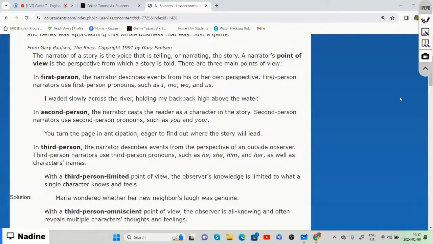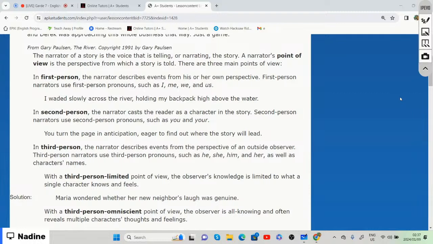Second person, the narrator casts the reader as a character within the story, and they use second person pronouns such as you and your. And then third person point of view, it basically describes the event from an outsider perspective, the perspective of an outside observer.